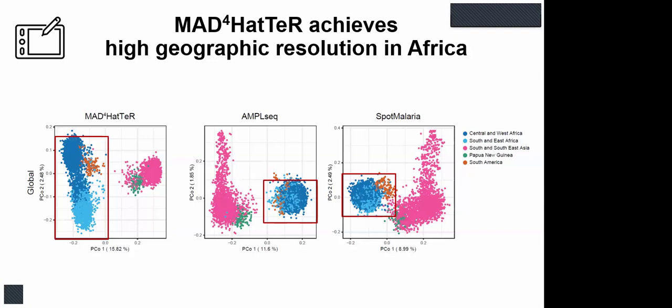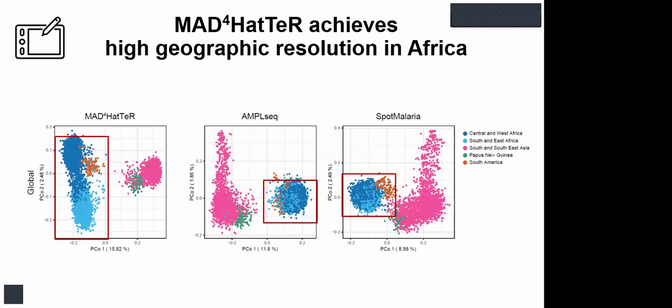What you are seeing in dark blue and light blue, and then some are brown: dark blue is Central and West African data, and light blue is South and East African data. Pink is South and Southeast Asia, dark green is Papua New Guinea, and orange is South America.